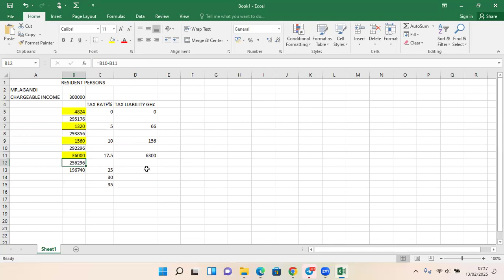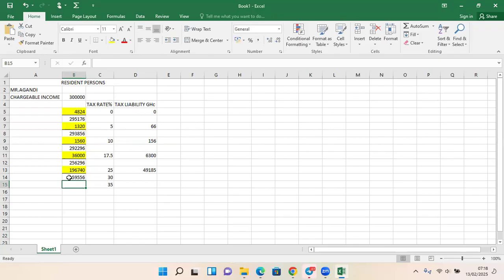This is what's left. Because this is still bigger than this, we apply the tax rate here. Now when we subtract, here is what is left.